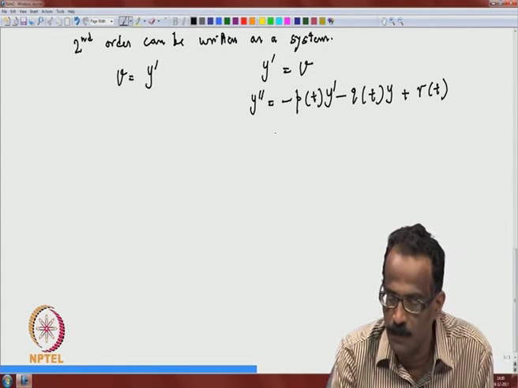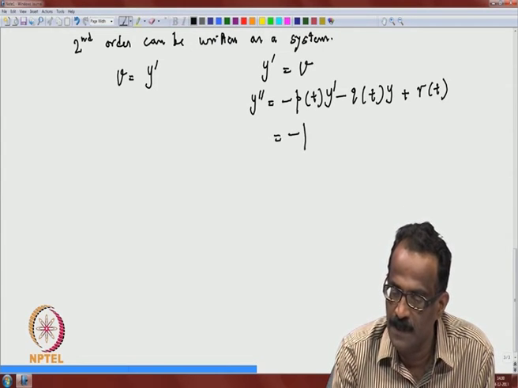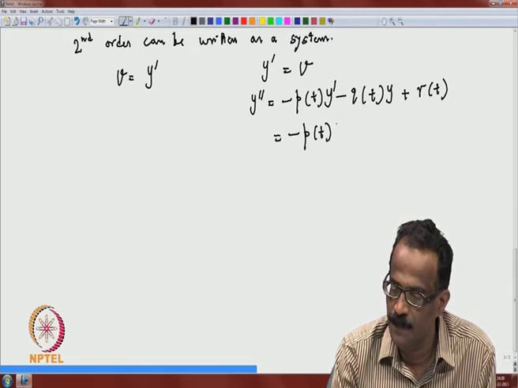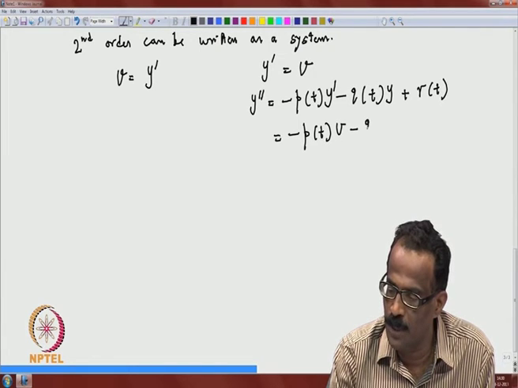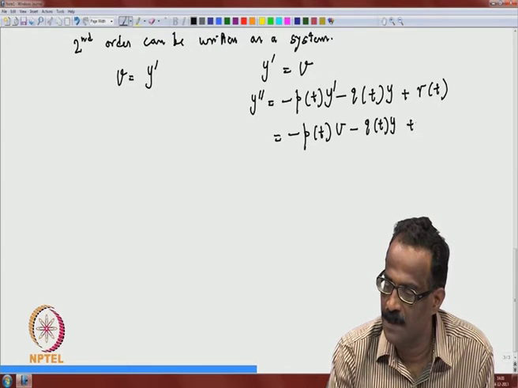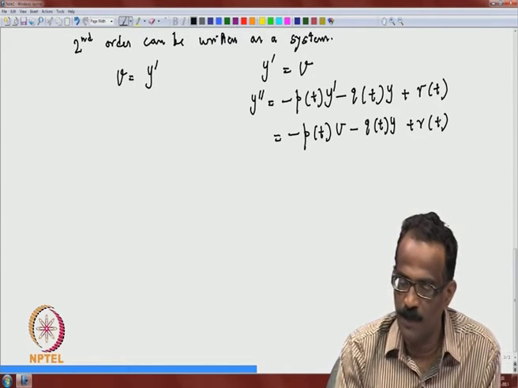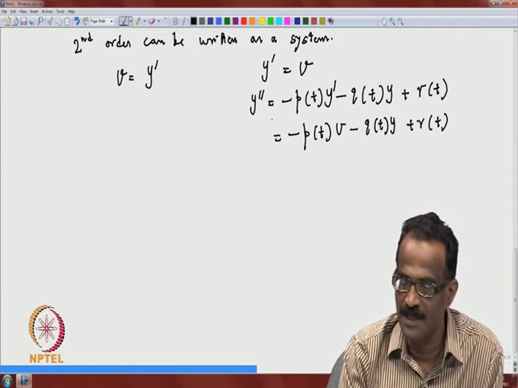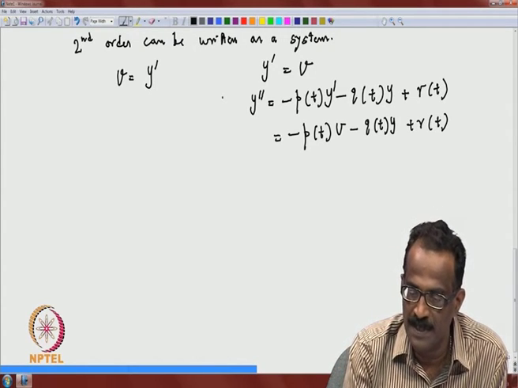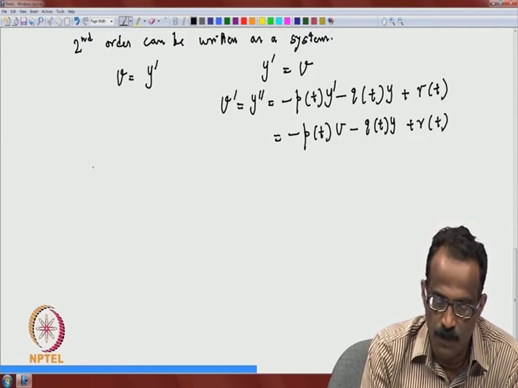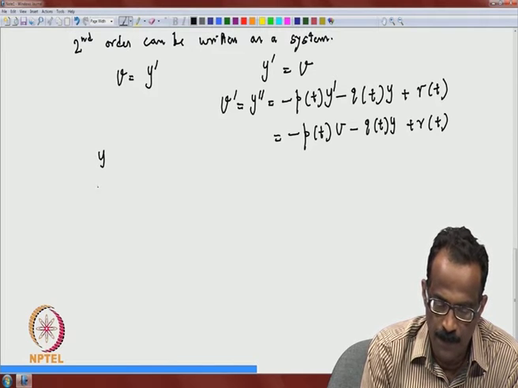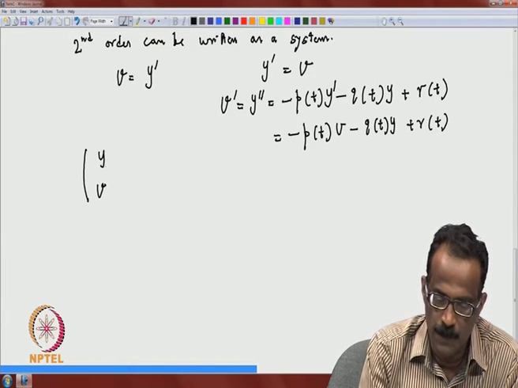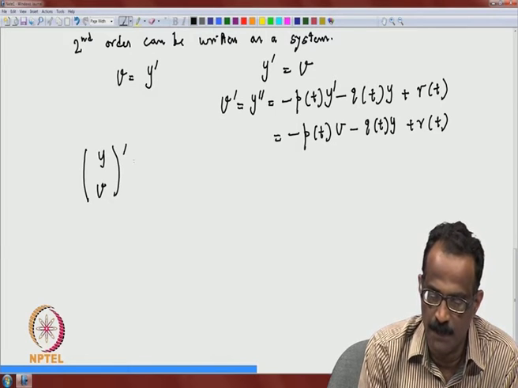So, in terms of v, this is equal to minus p(t) v minus q(t) y plus r(t). If I write this as a system, y prime, and y double prime is nothing but your v prime. So, you can write that if you combine it as a system, you have y, v, and v prime here.